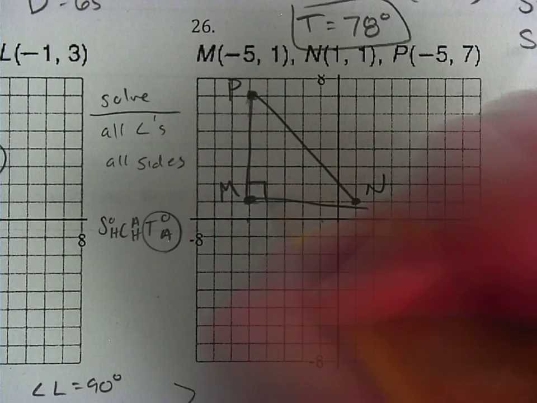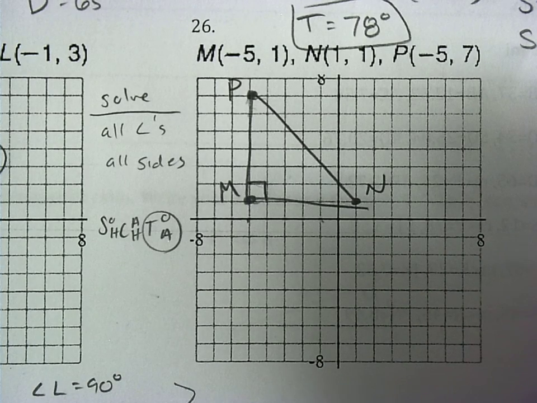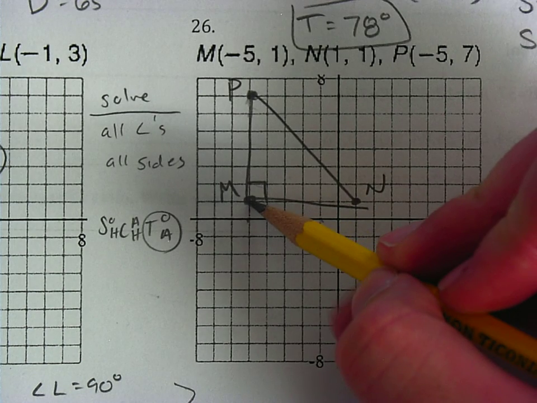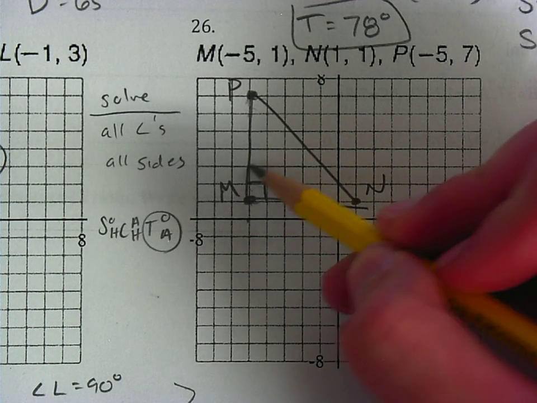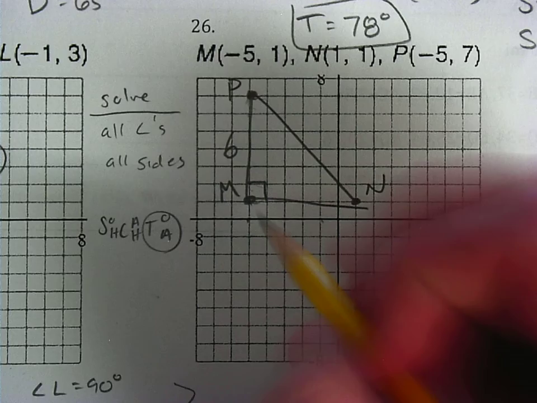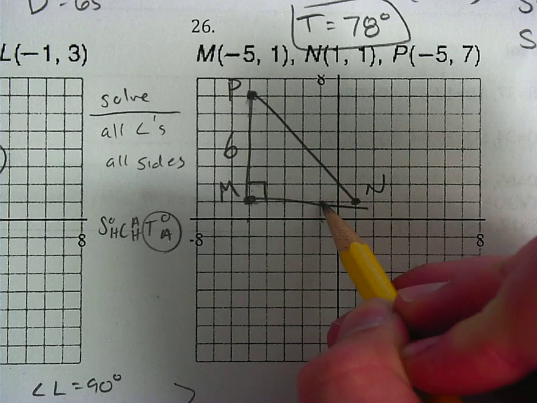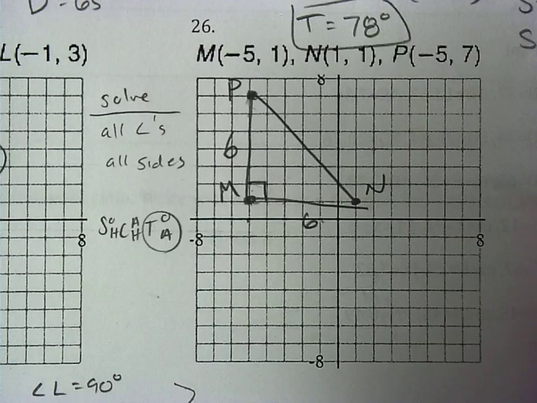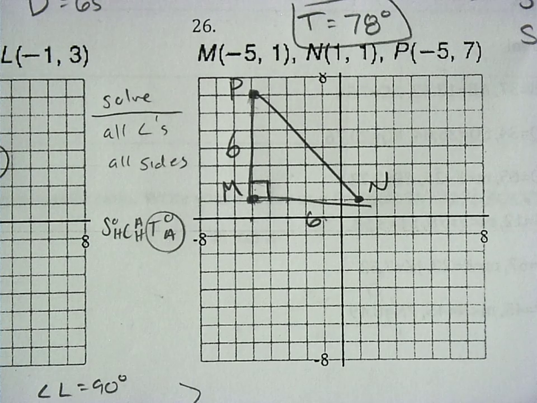So angle M is our 90 degrees. We can see those perpendicular lines. Well, from M to P is 1, 2, 3, 4, 5, 6. And from M to N is 1, 2, 3, 4, 5, 6. Well, that's interesting. This looks a lot like a triangle I've seen before.